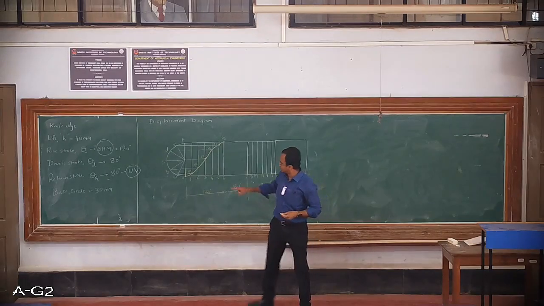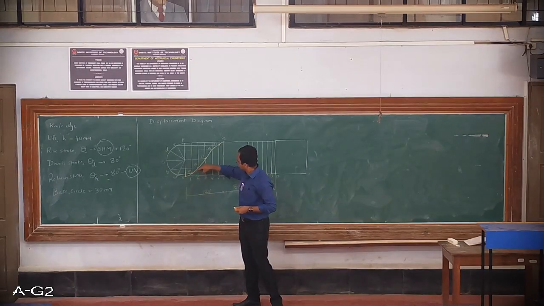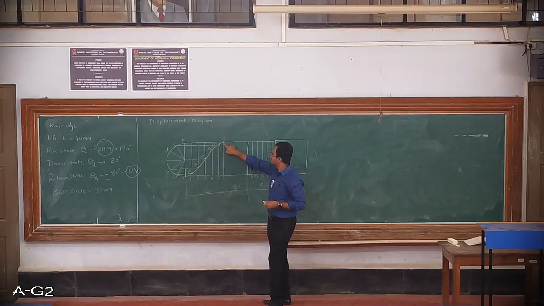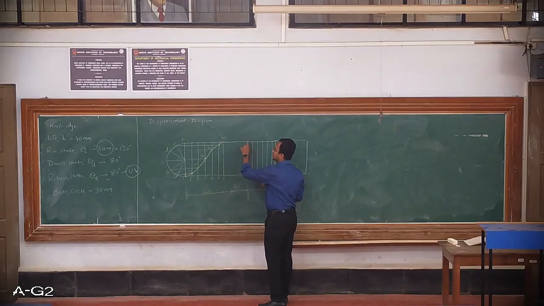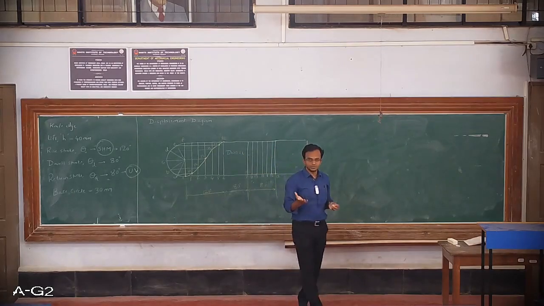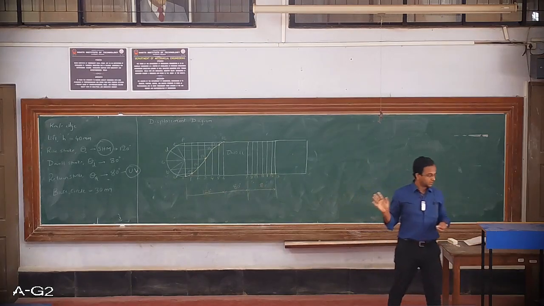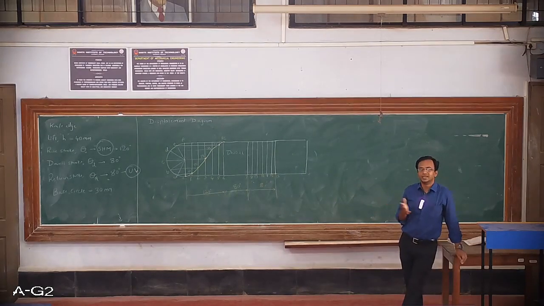This is how the displacement of the follower will take place up till here. Now once it comes to P6, what will happen to the follower motion from here till here? That is, this is the dwell period. Since it is dwell period, the follower will not have any displacement. That means it will neither rise from here nor it will fall down.